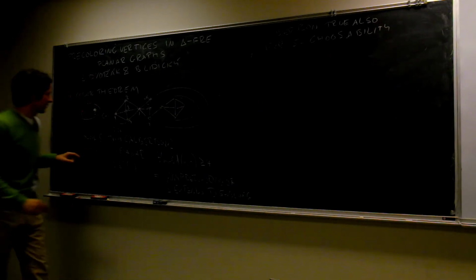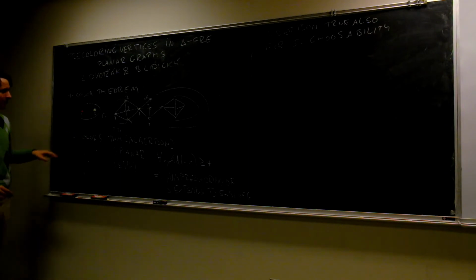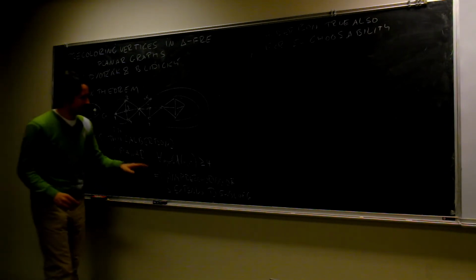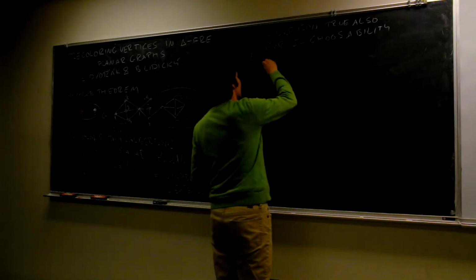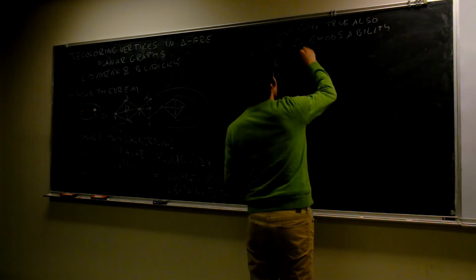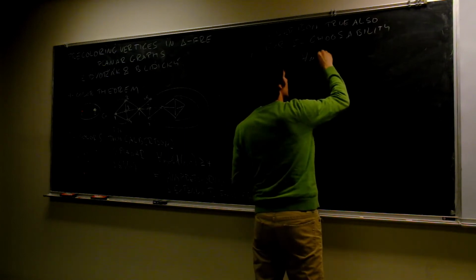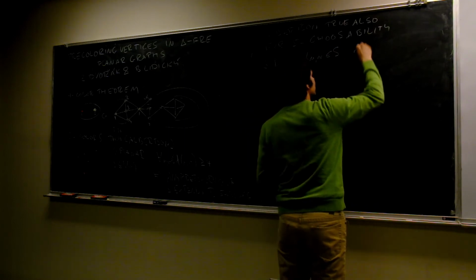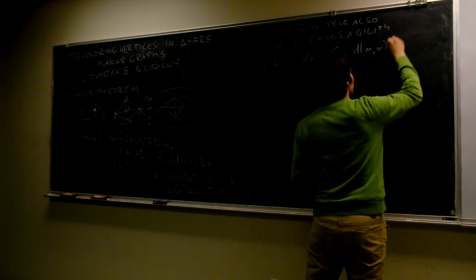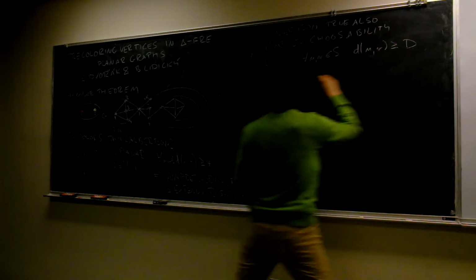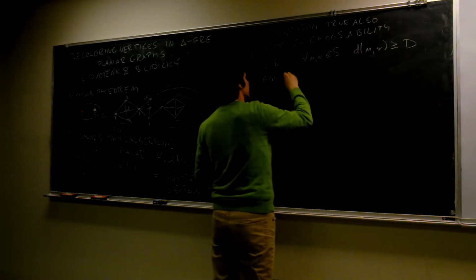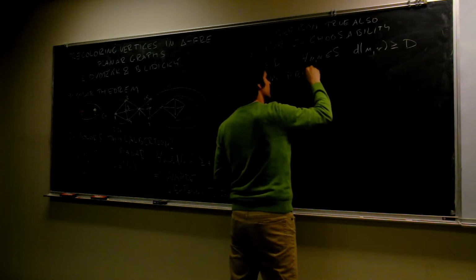So you can say not 5-coloring, but 5-choosability. And then the statement is that there exists some big D, such that if for every U, V in the set S the distance of the 2 vertices is at least D, then any precoloring extends.